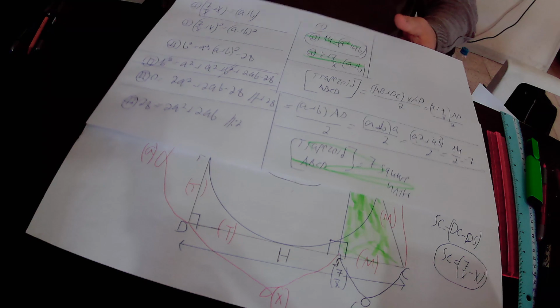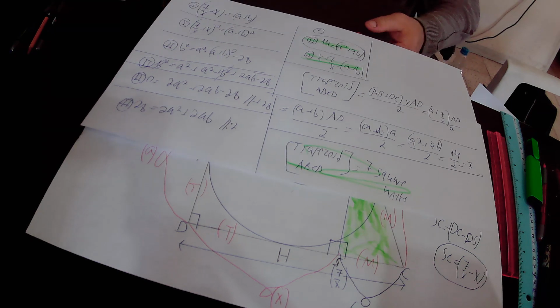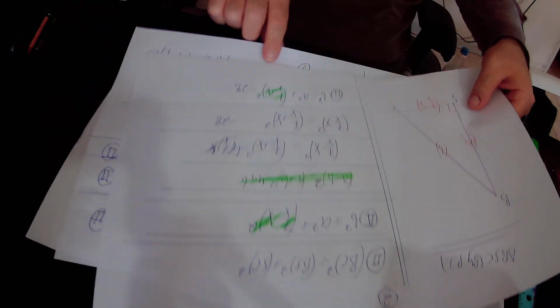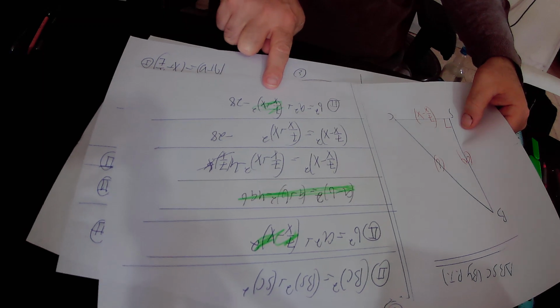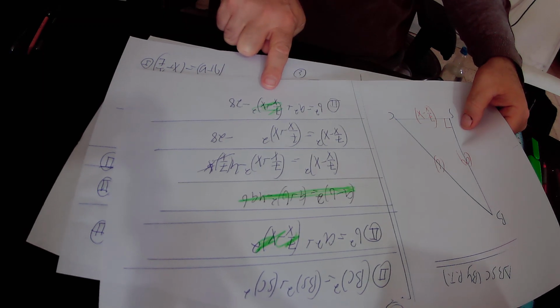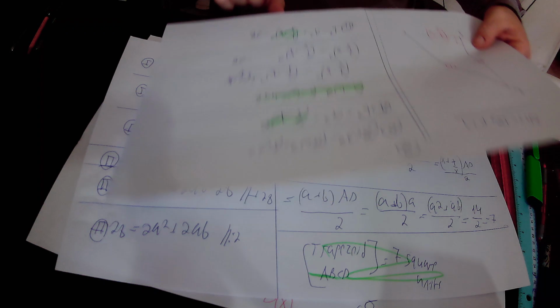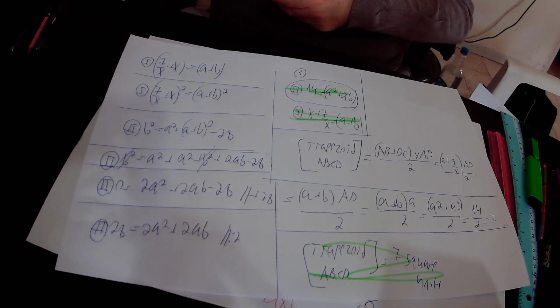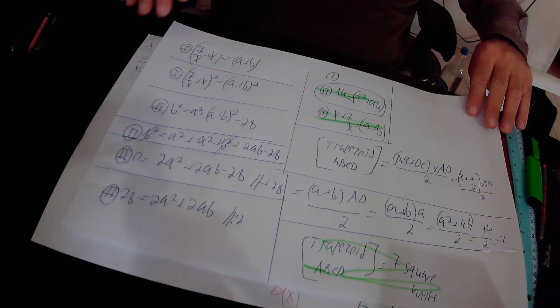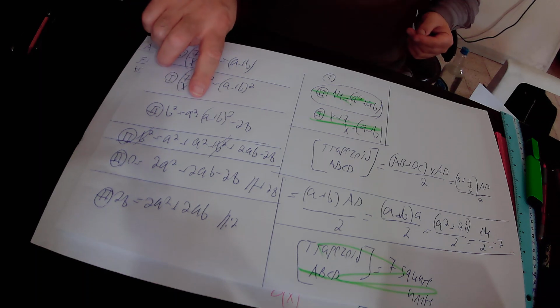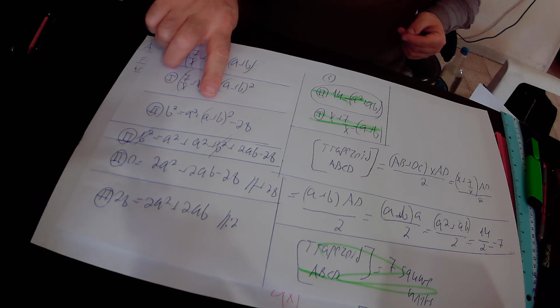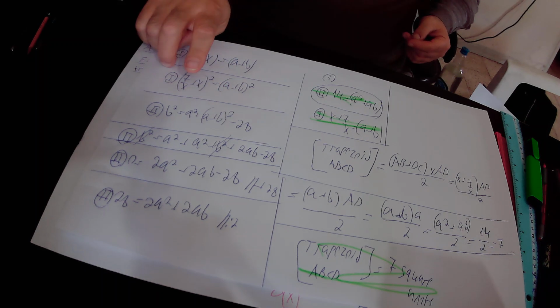Therefore, we can substitute (7 over X plus X) square in this equation 2 by (A plus B) square. We did it, and we got that B square equals A square plus (A plus B) square.